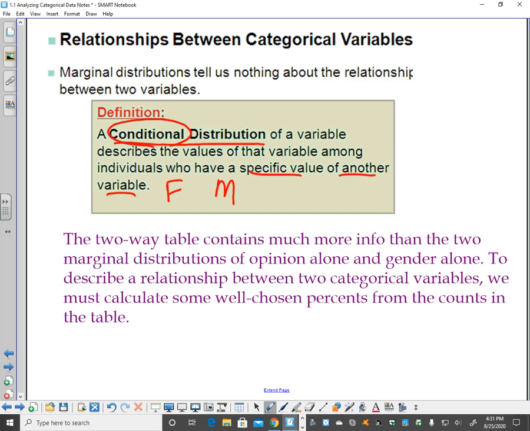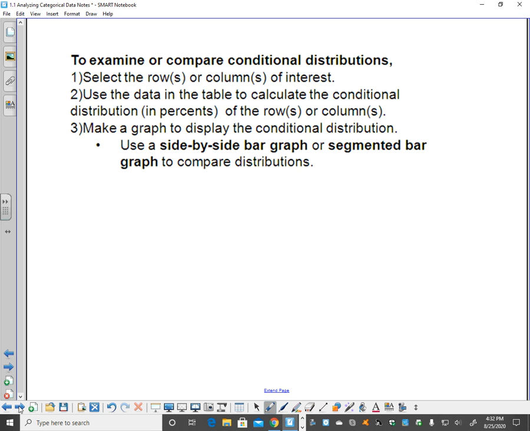The two-way table contains much more information than the two marginal distributions of opinion alone and gender alone. So what was green and what was blue? The yellow part in the middle says so much more. To describe a relationship between two categorical variables, we must calculate some well-chosen percents from the counts in the table. And I'm going to tell you that you have one of these on your test.